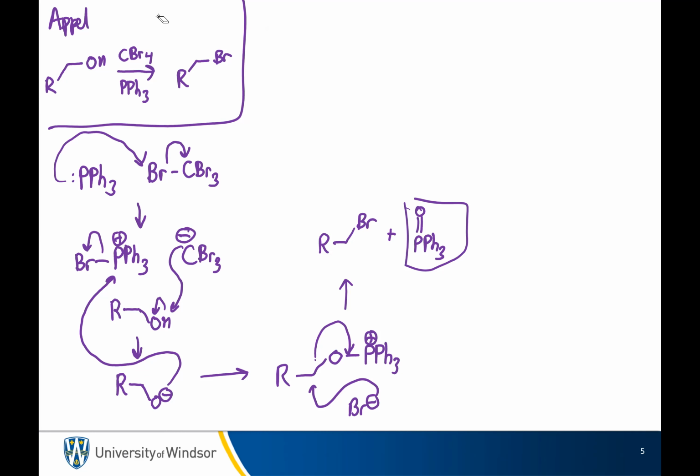And so that oxidation of triphenylphosphine is paying the price needed for the cost of going from an alcohol to a bromide. And now we can make something more reactive, a bromide.